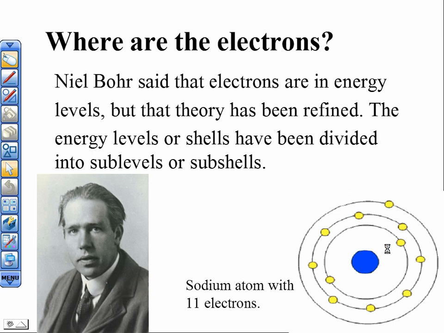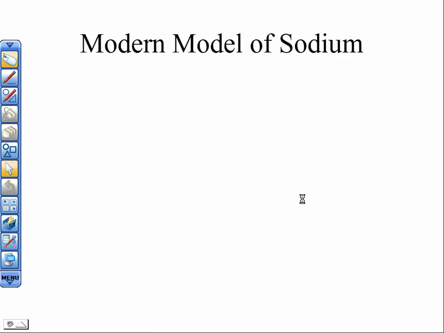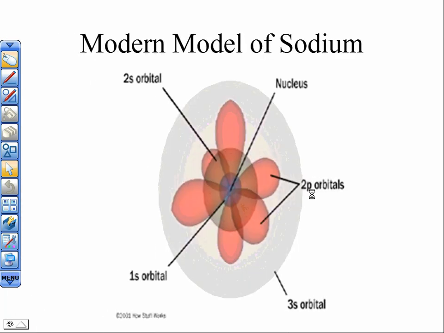There's the nucleus, 2 electrons in the first energy level, then 8, and then 1 there to make 11 electrons. So that's when you were in 8th grade, that's what you would have drawn for Bohr. This is what the modern picture of sodium looks like. So again, just a little bit more complicated. We're going to talk about these orbitals and hopefully get you to understand what the modern theory looks like.